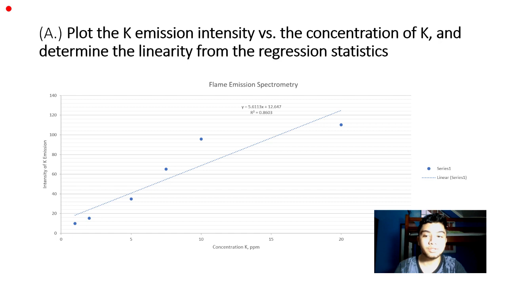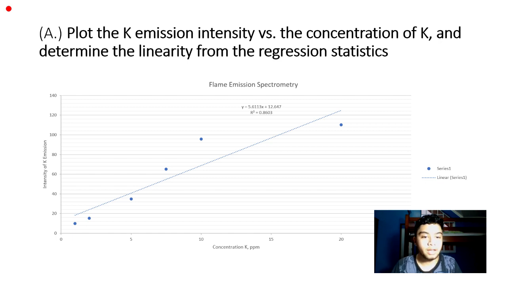The LINEST results can determine whether an equation is linear or not. So how do we determine this? For the LINEST results, we take the data of the concentration of the potassium in ppm and the potassium emission, right?